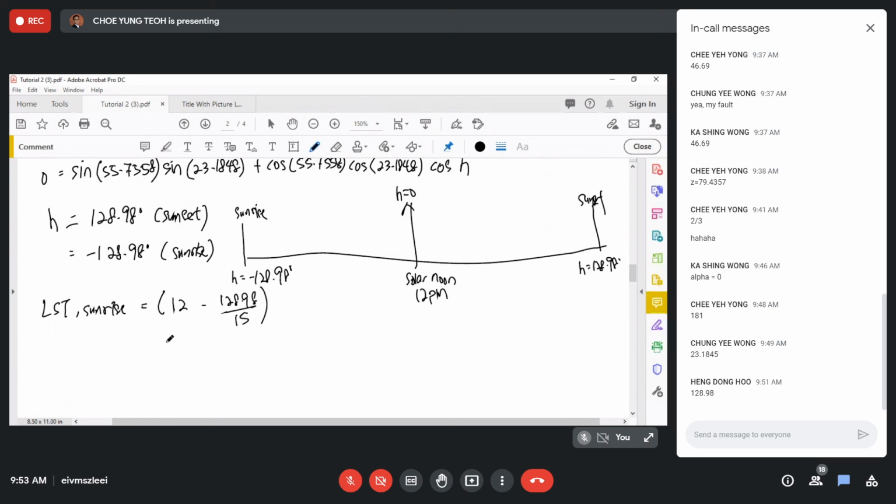I divide by 15 because I want to convert it back to hours. Local solar time at sunset, 12 plus.